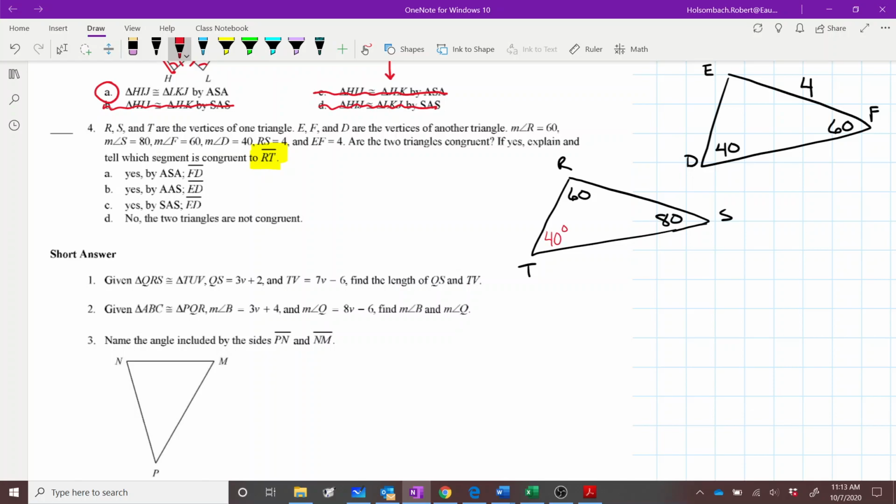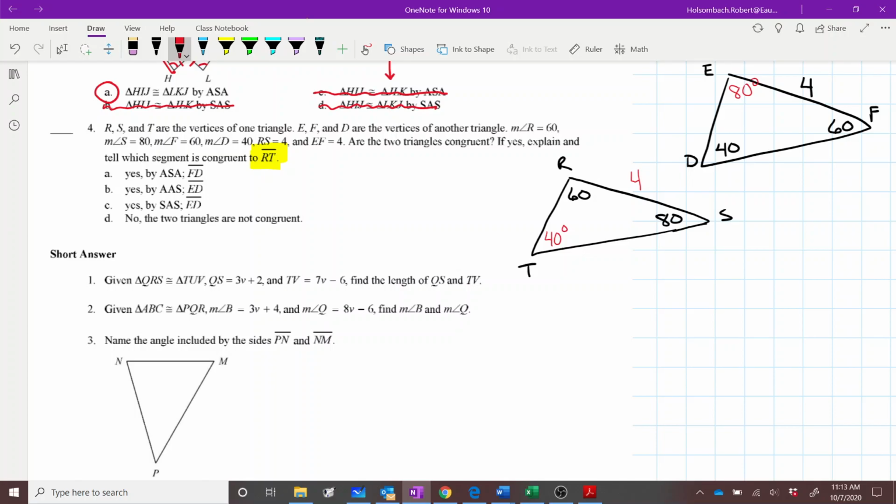And our triangle on the right, our third angle is going to be 80. The side that connects E to F, or the side that connects the 80 and the 60 degree angle, is 4 units long. So in this other triangle, the side that connects the 80 and the 60 has to be 4 units long.